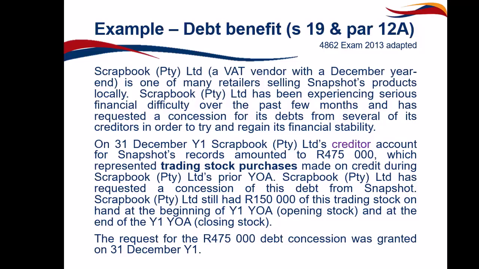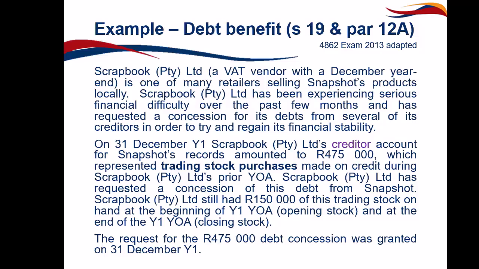Once we've established that there is a debt benefit as a result of a concession or compromise, we ask ourselves, what was that debt used for? Was it used to pay for a tax-deductible expense? Was it used to buy trading stock that is no longer on hand?